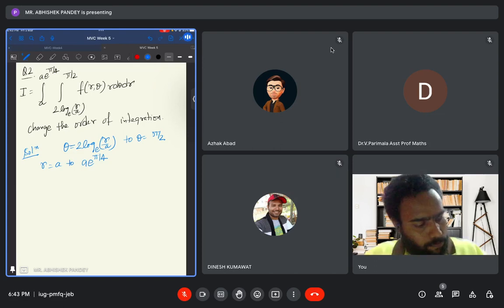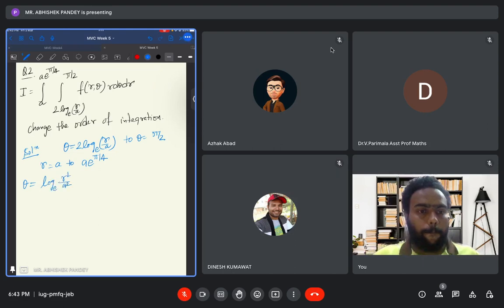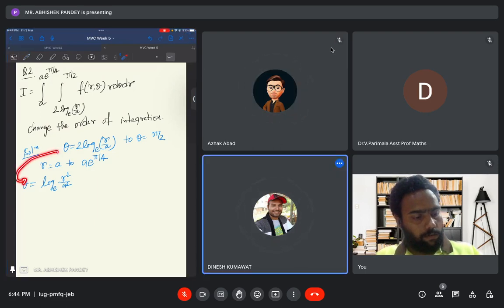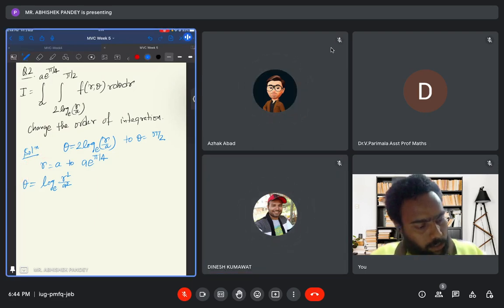So this will become theta equals log base e r square by a square, is it clear? Yes, sir. So this will become e to the power theta equals r square by a square.